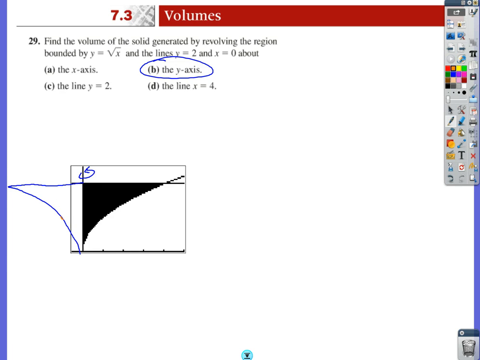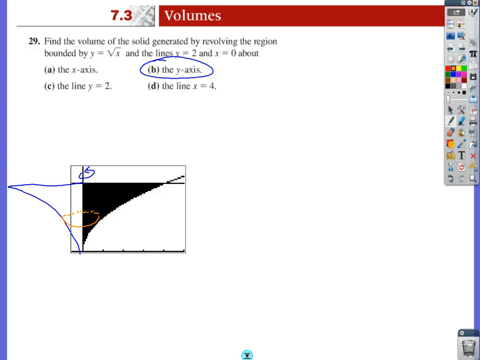It goes from here to here. Let's try that again. There.